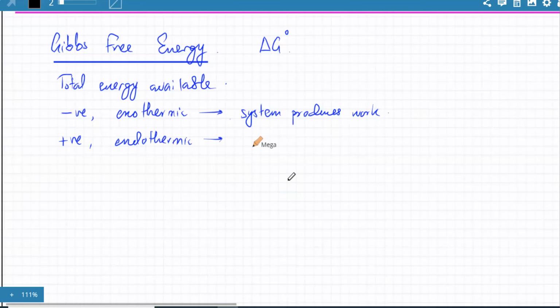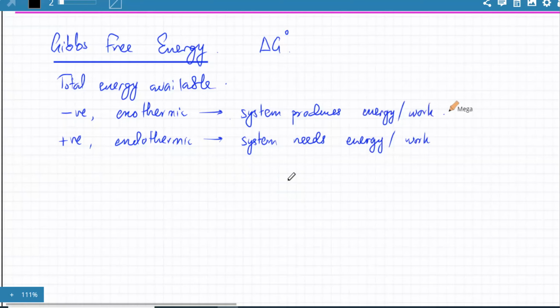And that means the system needs energy or work. And we can write that here as well.